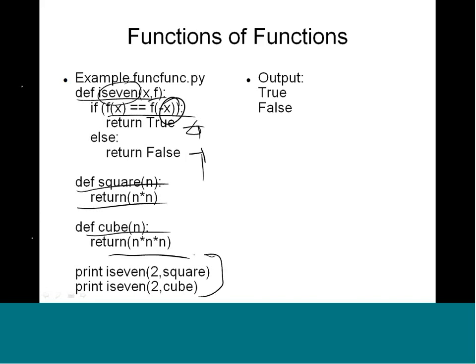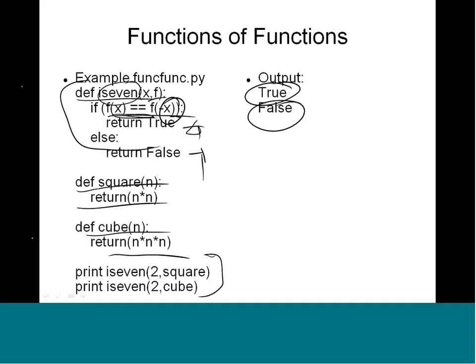So the output of these two: the first one is true and then the second one is false. So first thing to note is this is one function, and this is the top level function, and here essentially all we are saying is that if f(x) is the same as f(minus x), then return true, else false.